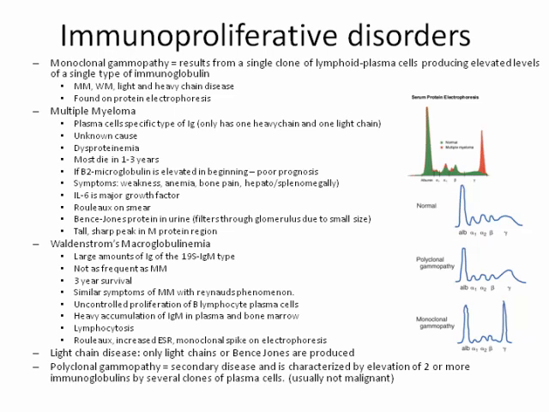And if you look right here in multiple myeloma, you have that one big peak in your gamma region. So a monoclonal gammopathy results from a single clone of lymphoid plasma cells producing elevated levels of a single type of immunoglobulin. Okay, so it's a single type.